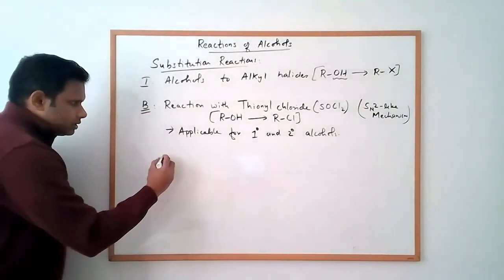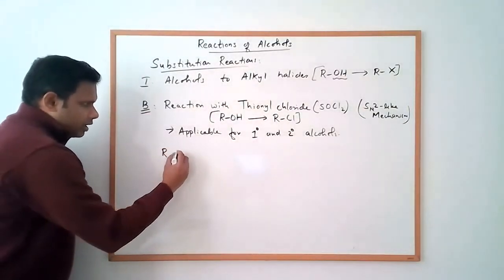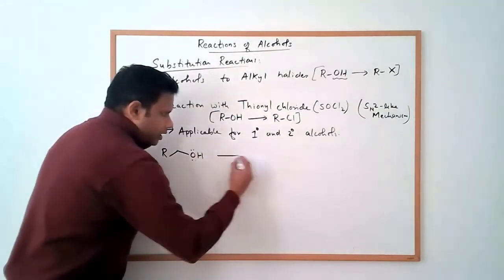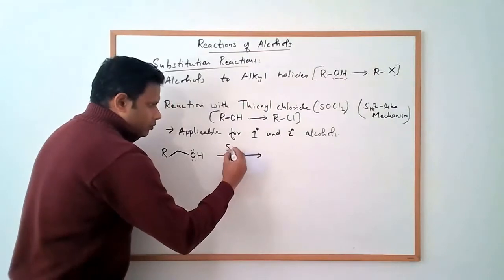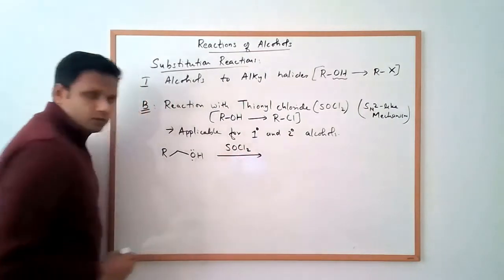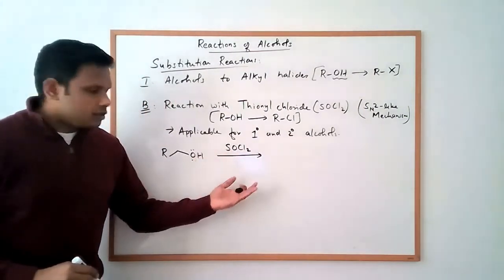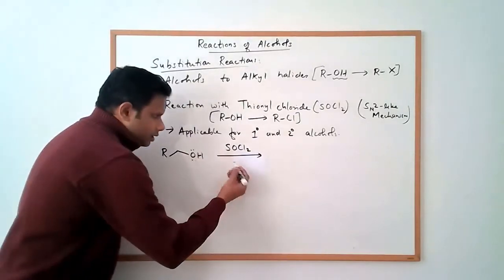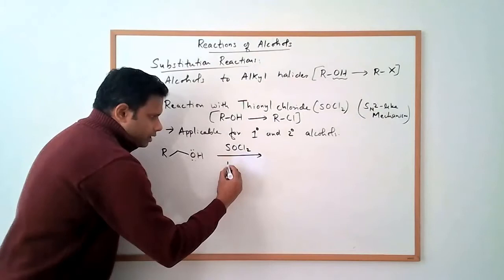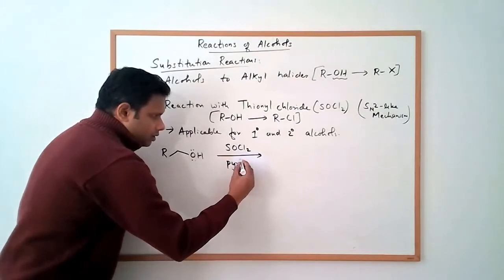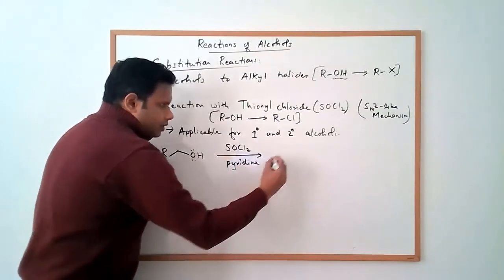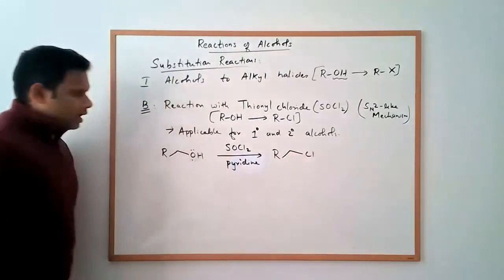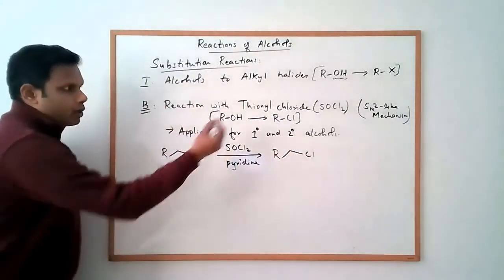So if I use the example of a primary alcohol, when you react this primary alcohol with SOCl2, usually in the presence of a base, okay? We need a base in this reaction, and a typical base that could be used is pyridine. You will get the alkyl chloride as your product, okay?